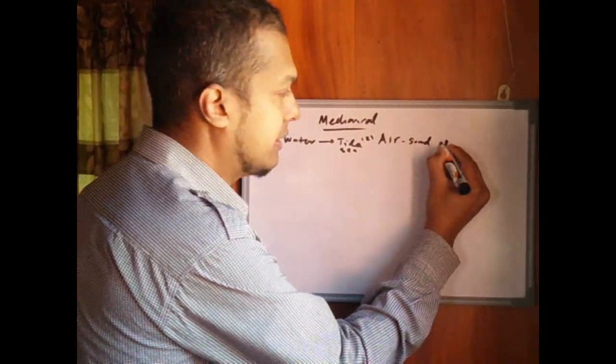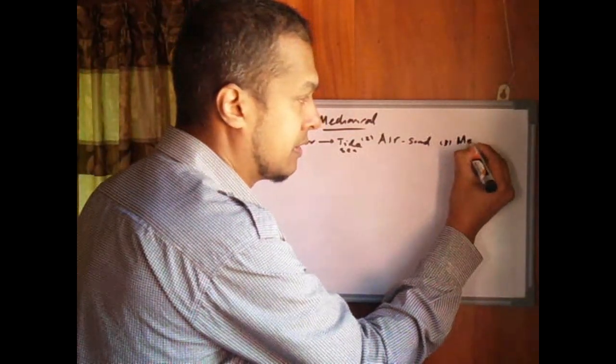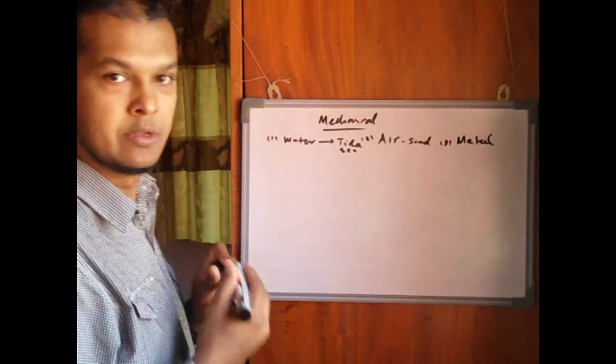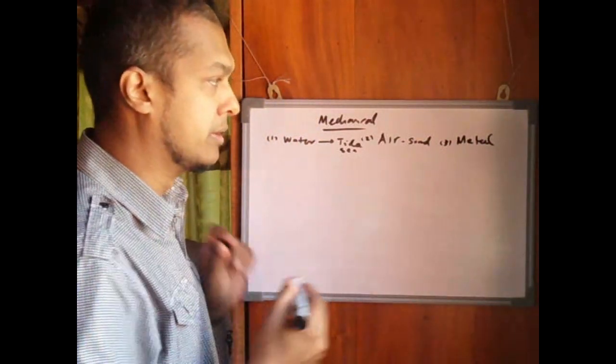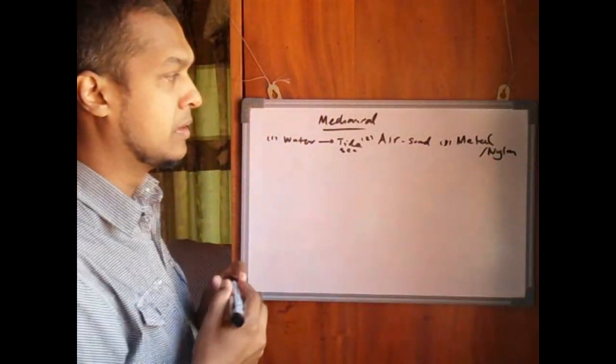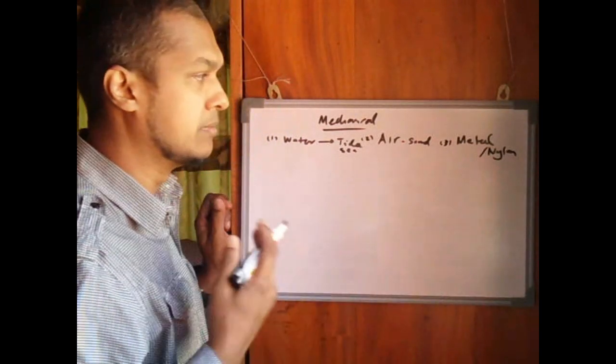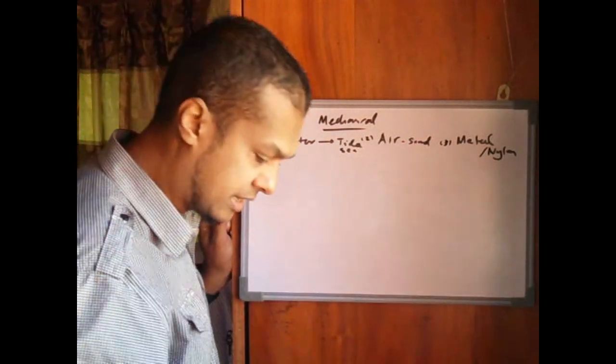And the third type is created in a solid material, like a metal string or a nylon string. One example of this type of mechanical wave is a guitar.